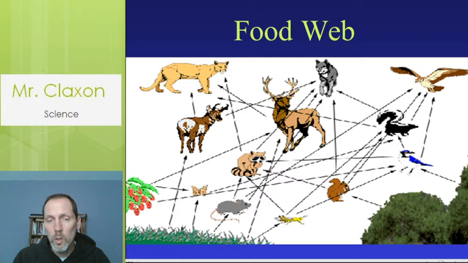The other thing this shows is, let's take an animal right in the middle. If you take out the raccoon, how many animals is that going to impact? Well, it's going to impact the cougar, but also all these other animals that the raccoon is eating. So in ecosystems, each animal is important, and we need to make sure we're not losing animals from a food chain or a food web.